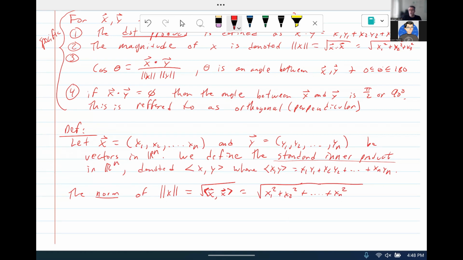So we can find the norm of an nth dimensional vector.